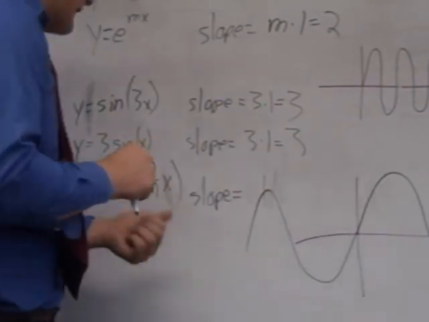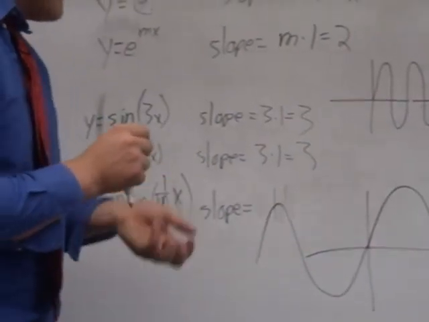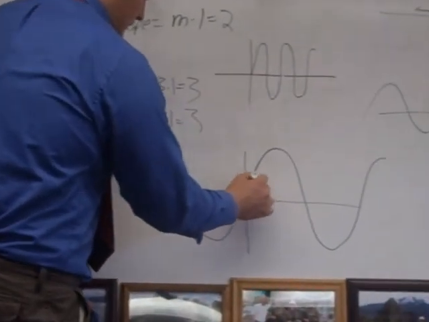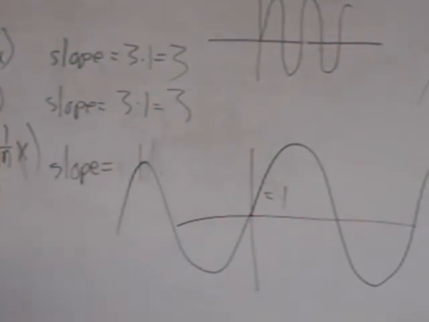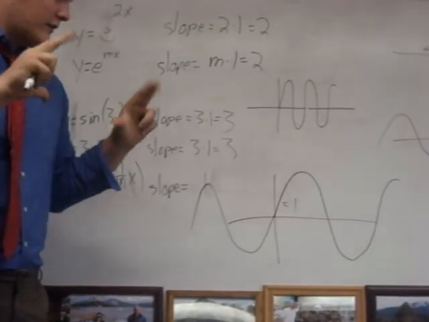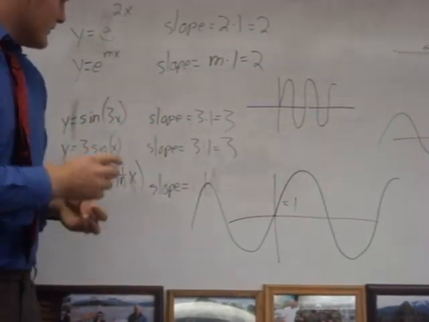So in theory, they will in the end make the slope equal to 1, just because they're both being dilated to the same magnitude, both vertically and horizontally, so the slope is going to be equal to 1.